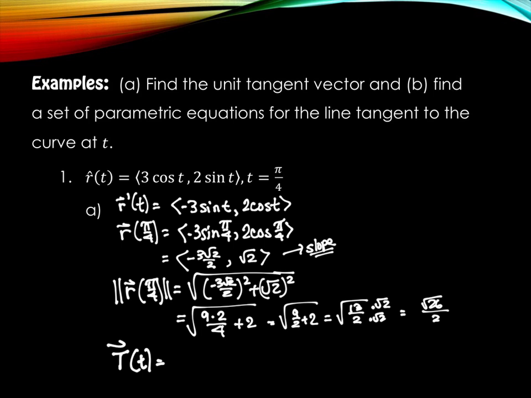So we had negative 3 sine pi over 4 divided by square root 26 over 2. And we have 2 cosine pi over 4. Oh, I'm sorry. I don't know why I'm writing it that way. How do I want it written? Generically or with the values put in? With the values put in. So let's just put this back in there.